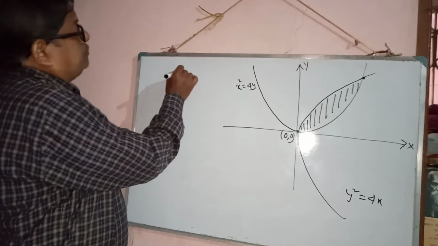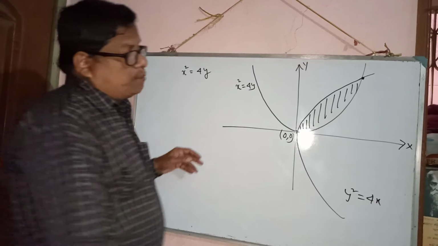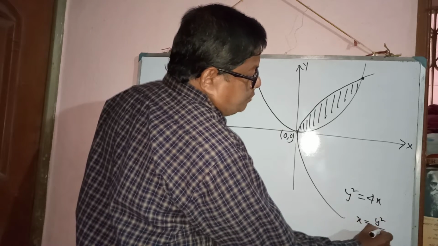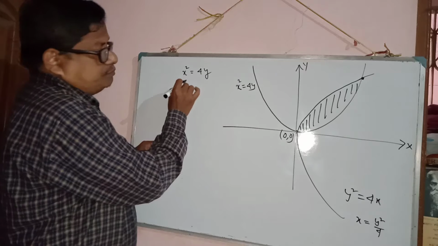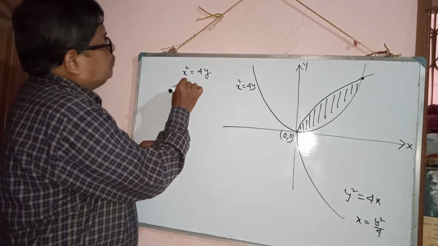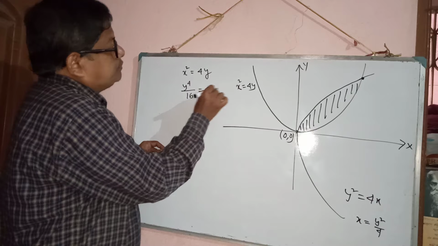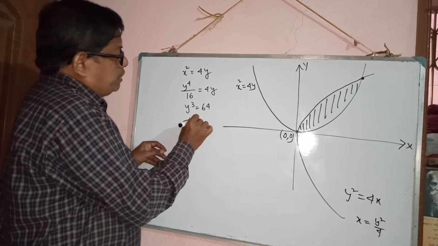Now you have to solve. See, x square equals 4y. From here you can write x equal to y square by 4. Now you write here y to the power 4 by 16 equal to 4y. So here y cube equals 64, so y equals 4.